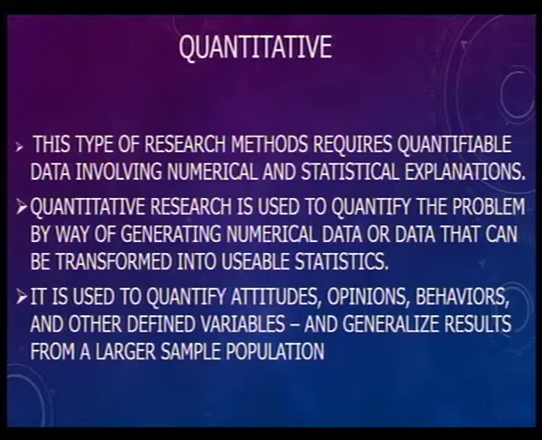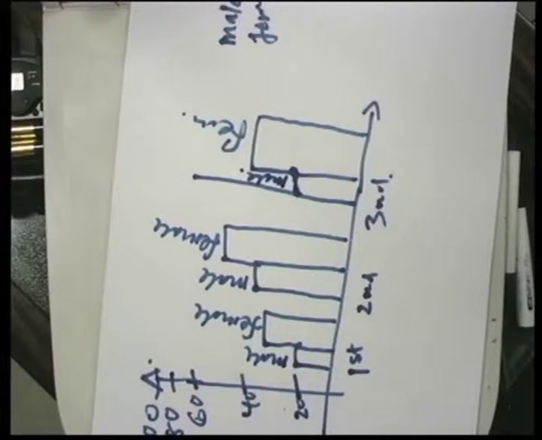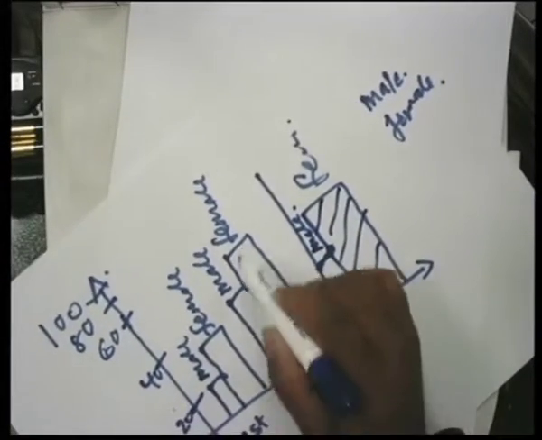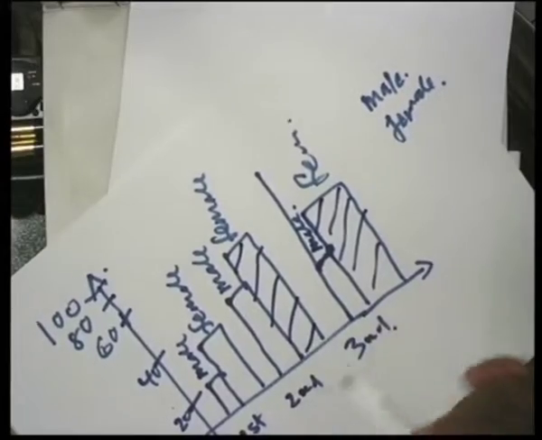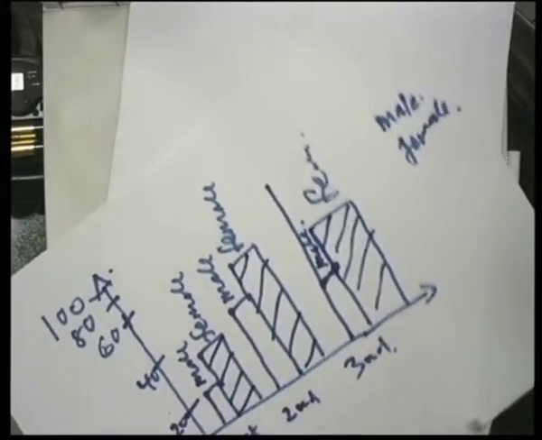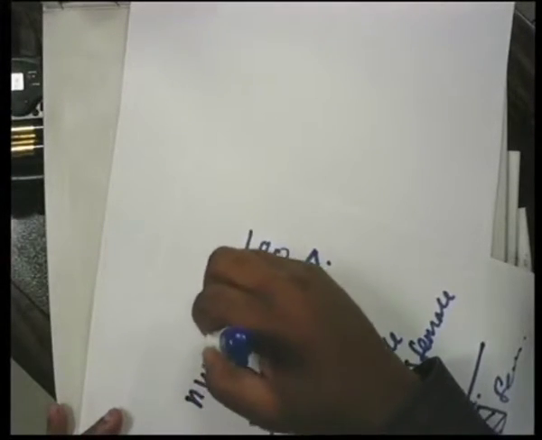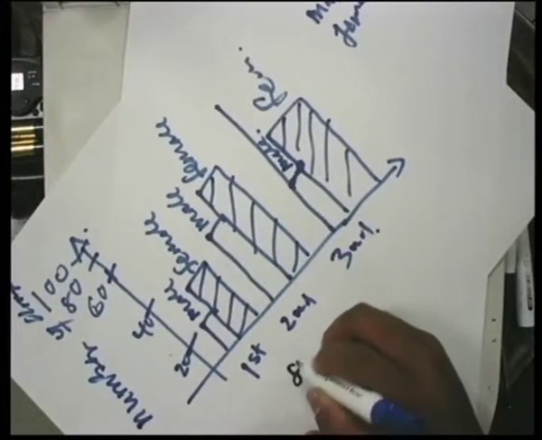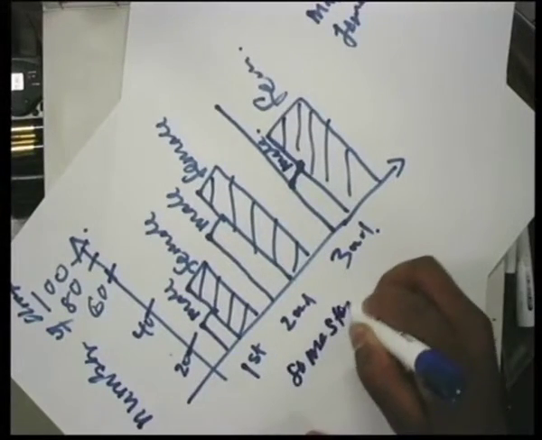This is about quantitative methods. You take the data, you put it in a spreadsheet or Excel, and then put them into graphs. Let's say this is male, and this is female. This is the number of dropout, and these are semesters.